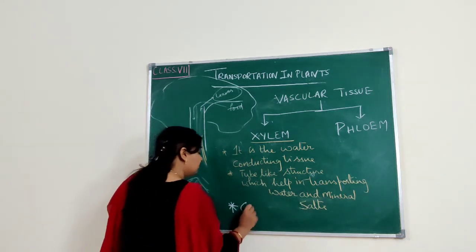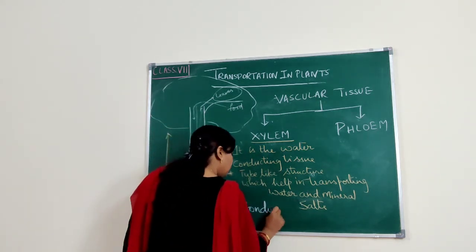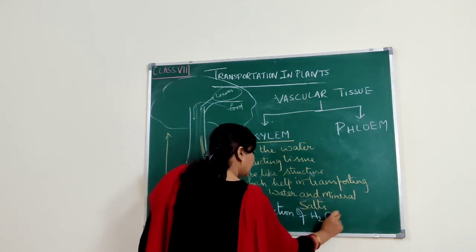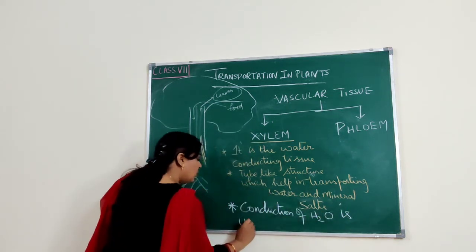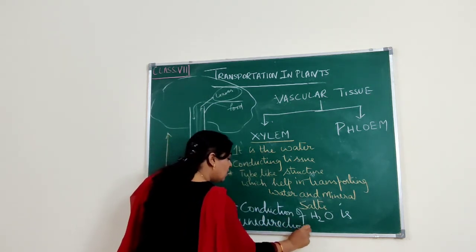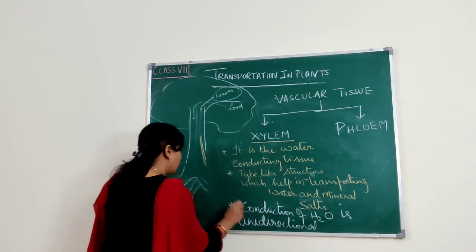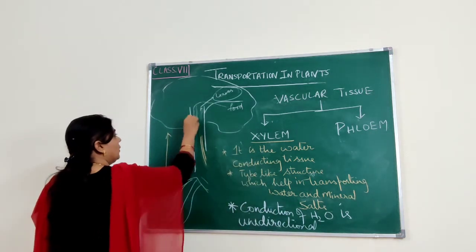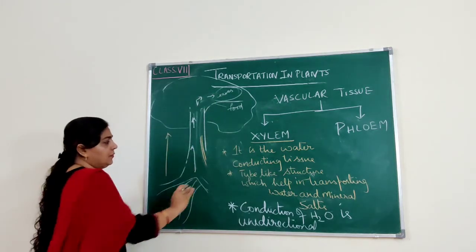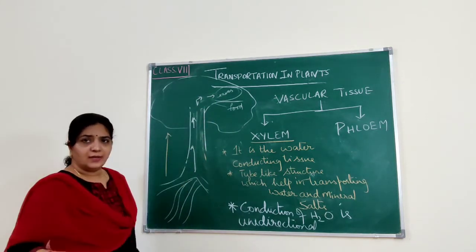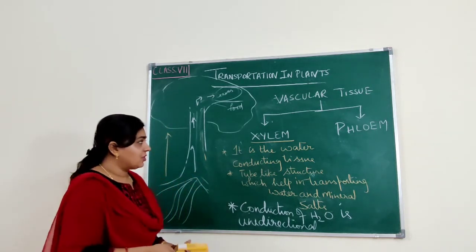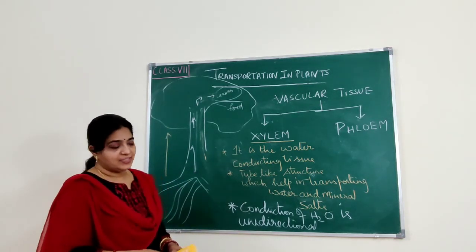Conduction of water is unidirectional. Unidirectional means what? Only one side. Only one side it will be going. Never this side, because it has to go to the leaves for preparing food, and it is against the gravitational force. That is about xylem.